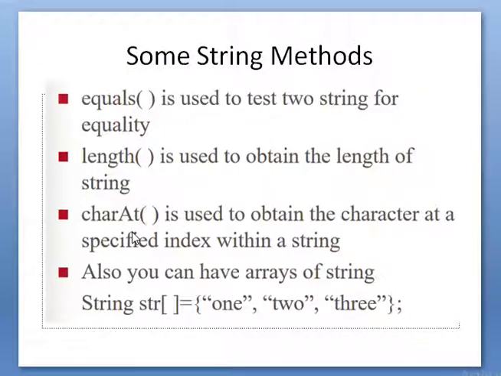Now next are some string methods. In the String class we have so many methods which help us solve issues related to strings. For example, if I want to compare two strings, then equals is the method which is used to compare two strings. So how can we call this equals method?